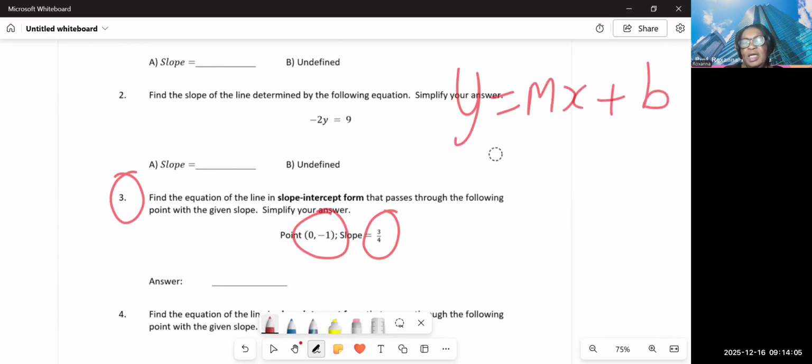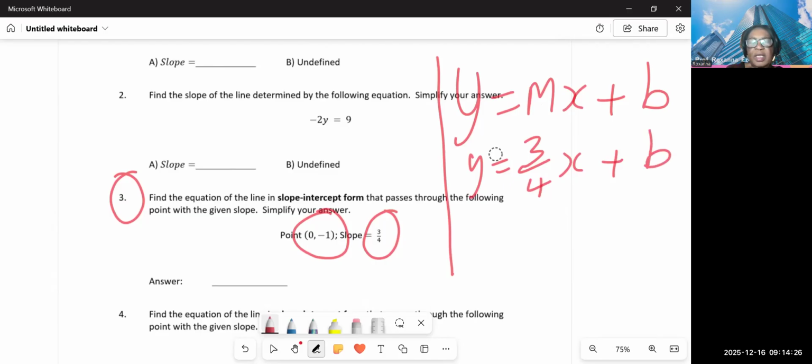There are 2 ways I can do this. I can plug in the slope first. So y is equal to 3/4x plus b. Then substitute the point.